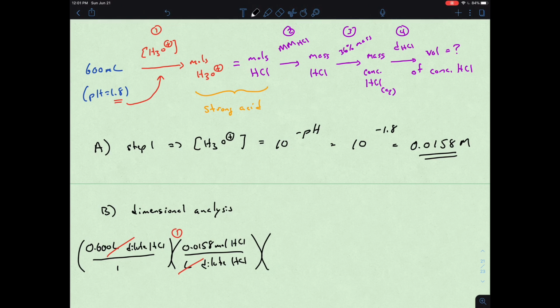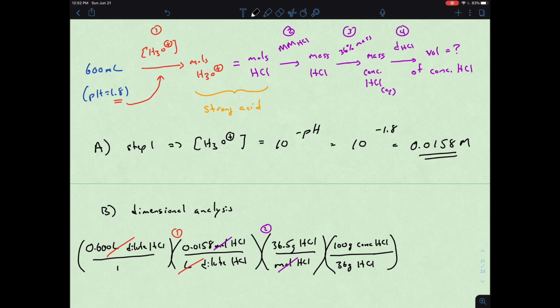We then want to apply our molar mass of 36.5 grams of HCl for every mole of HCl. So that's step 2, getting into the mass of the hydrochloric acid. Then we can use our percent, that there is 36 grams of HCl for every 100 grams of the concentrated HCl solution.